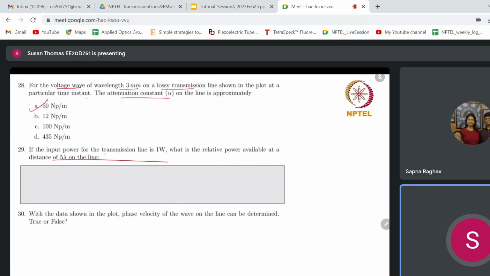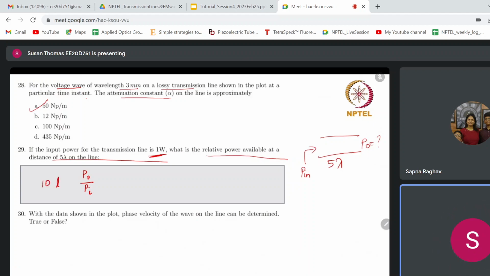If the input power of the transmission line is 1 watt, what is the relative power available at a distance of 5 lambda on the line? This is a question on the transmission line, its input power is given, that is Pi, and after a distance of 5 lambda, what is the output power? So let us write P naught by Pi.